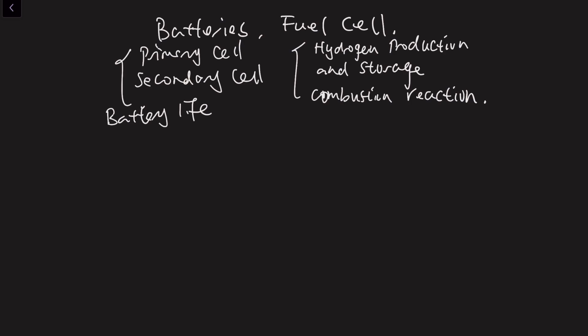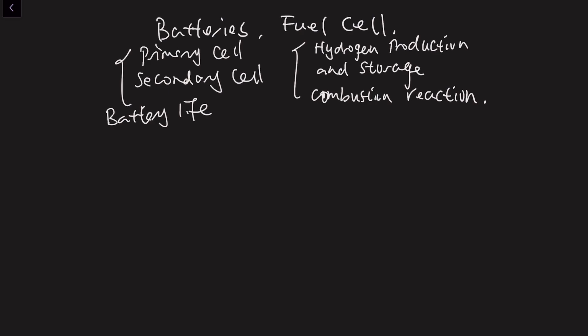For the fuel cell, we are going to primarily look at hydrogen fuel cell, and we're also going to discuss some of the issues related to hydrogen production and storage, as well as comparing fuel cell with the conventional combustion reaction we have covered in the first and second videos relating to VCE chemistry.